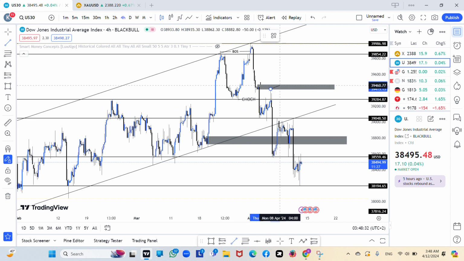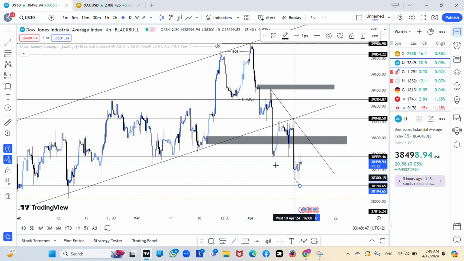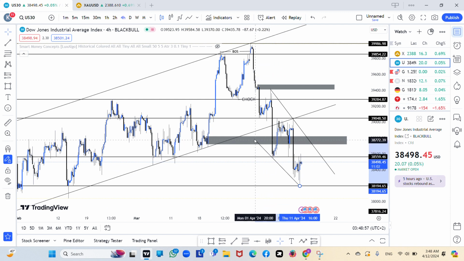So we can construct a trend line, with our first touch and our second touch right there, right? And let's construct a supporting trend line, just like that, guys.